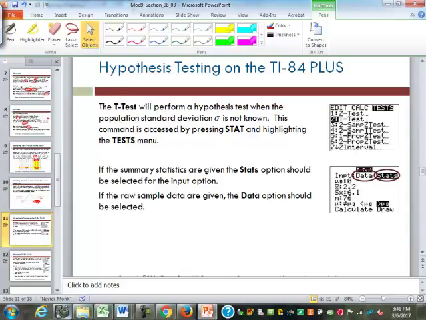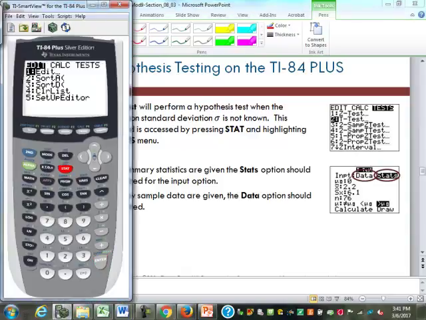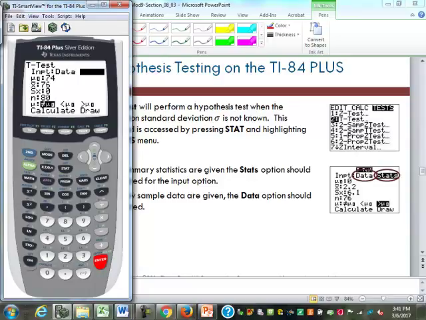This is just using the calculator for the test. We're going to do stats, test, t-test. We're using statistics, since we don't have the data in the list. Our hypothesized value is 0. The sample mean is 2.2. Sample standard deviation was 6.1.